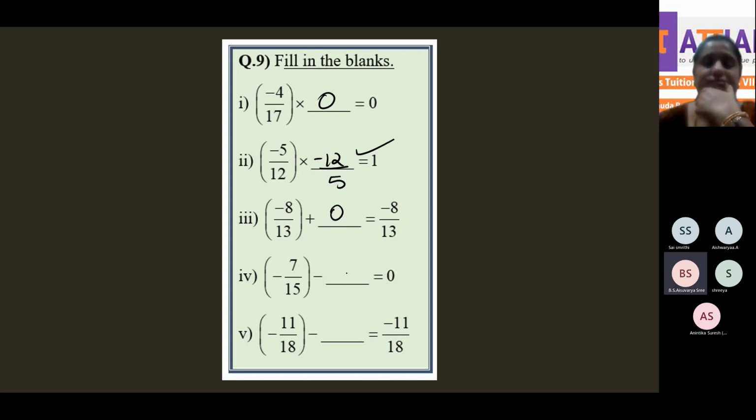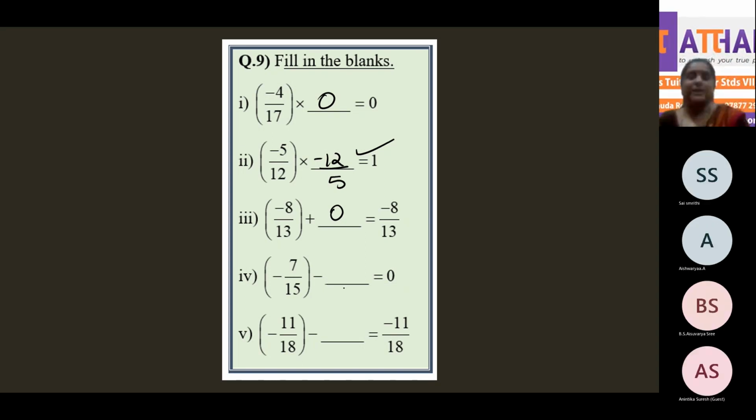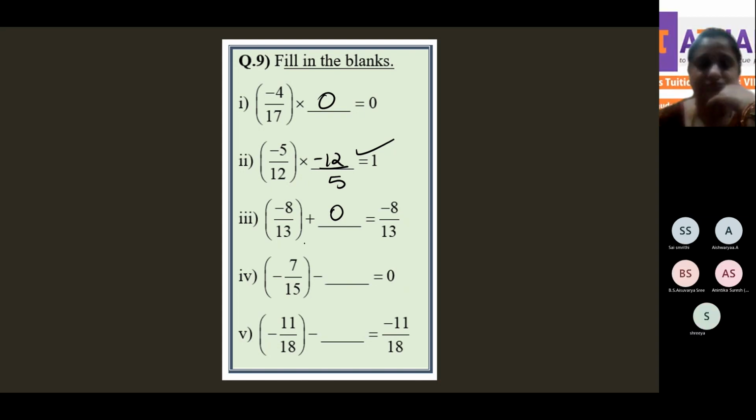Minus 7 by 15 equal to 0. No, what should be taken in the blank? Minus 7 by 15 minus what is 0? Ma'am, can you hear me?